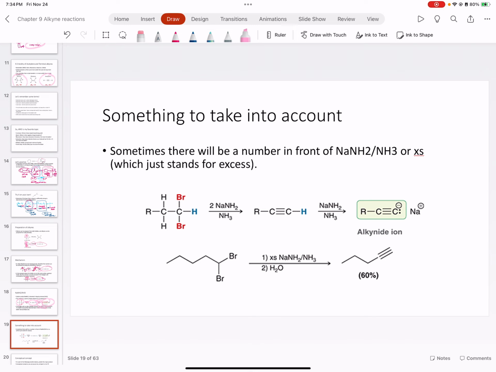Something to take into account: sometimes there will be a number shown, or it will just say excess.